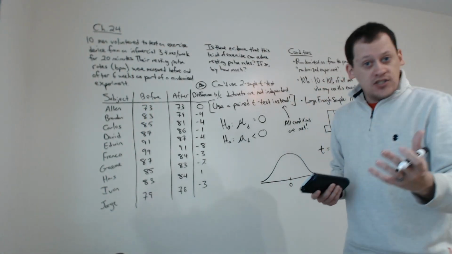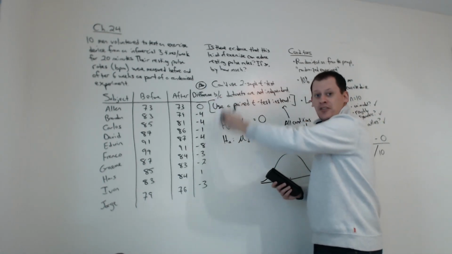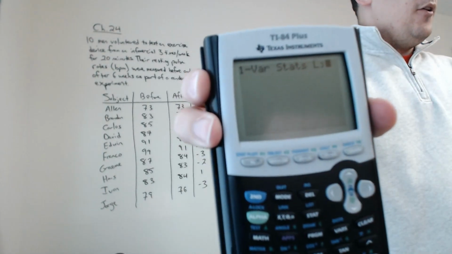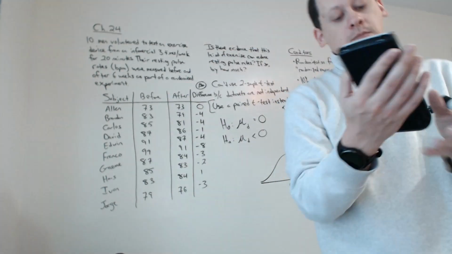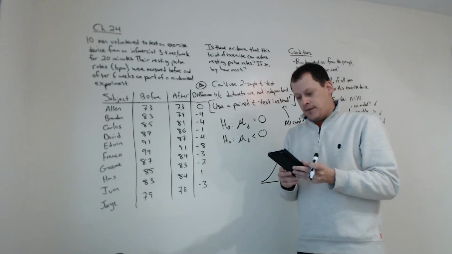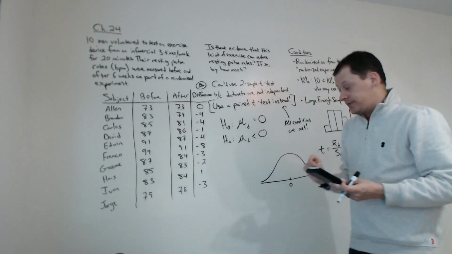But you can't just hit enter there. You need to show that it's in L3. So you just need to put L3 right in there right before you hit enter. At least that's the way it is on my calculator. Yours might be a little different, but you have to show that it's this data set you want the mean of. Otherwise you're going to get a mean of like 80 something, and that's not going to be good.